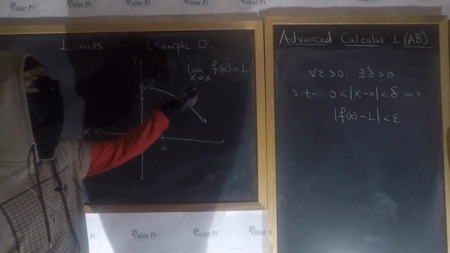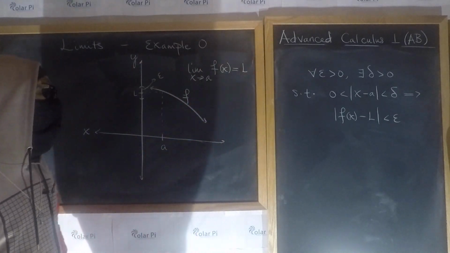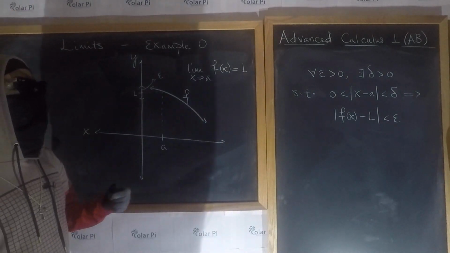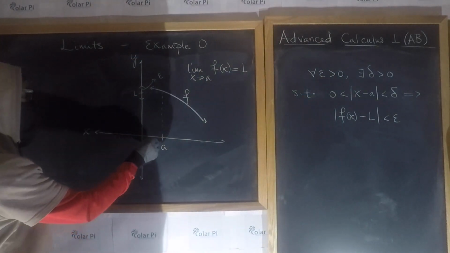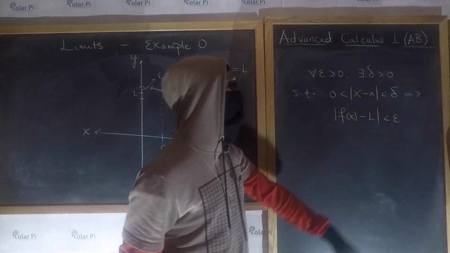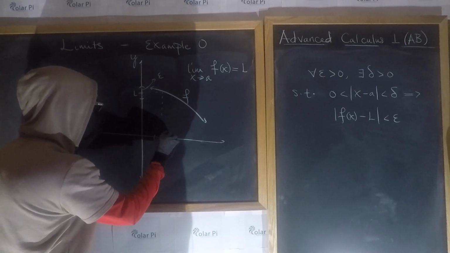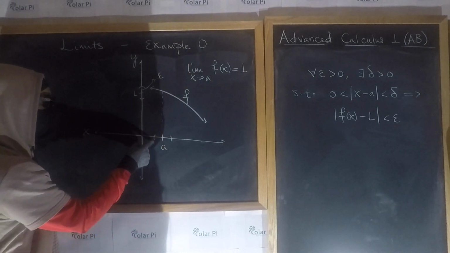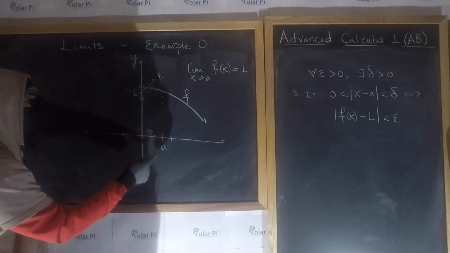If the limit is in fact L, then what I must do is come up with a delta greater than 0 so that if x minus a is less than delta, meaning I am considering an interval about a that goes from a minus delta to a plus delta.